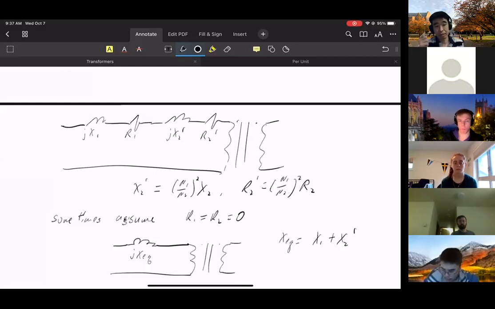For a big transformer, you have a lot of windings on both sides, so this inductance is normally there. For a practical model, we'll just have X equivalent, but normally we don't assume this away. There will be some inductance in series. Any questions about the transformer model?